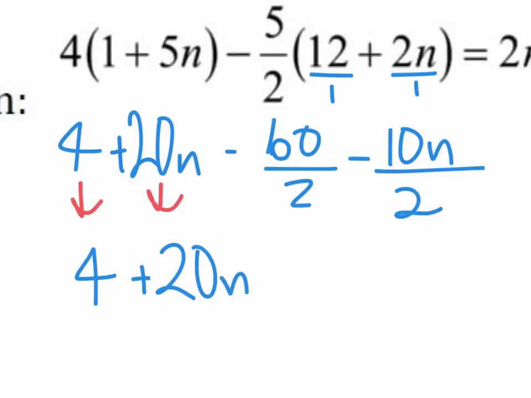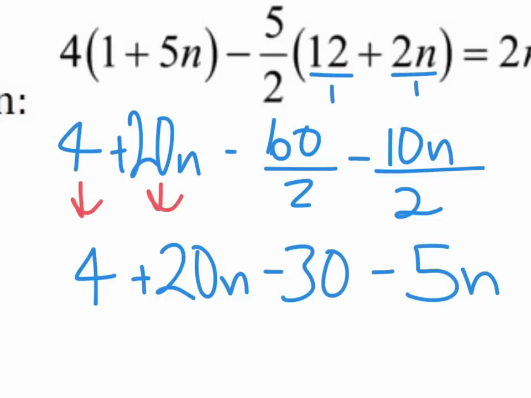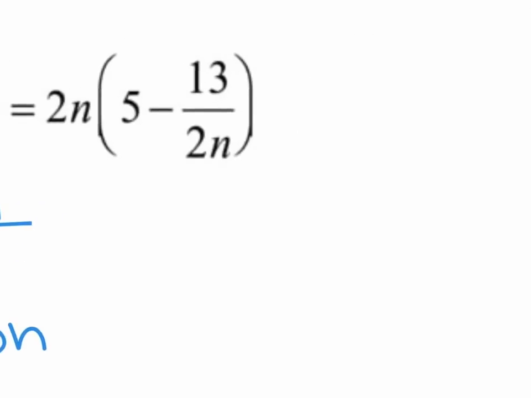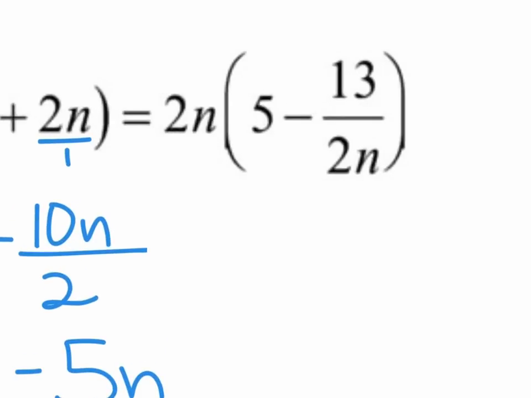But what about negative 60 over 2? Yeah, what we can do is we can change it to negative 30. And negative 10n over 2 is going to be simply negative 5n. Beautiful. Let's take a look at this right side. We're going to be distributing again. And I know that 2n times 5 is going to be 10n.